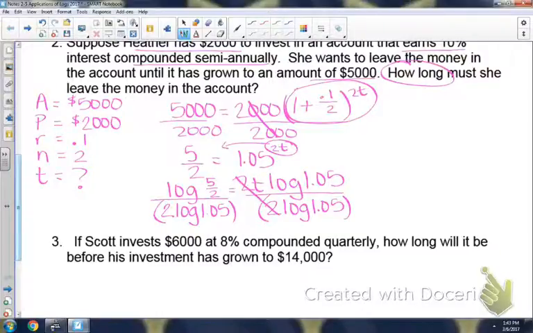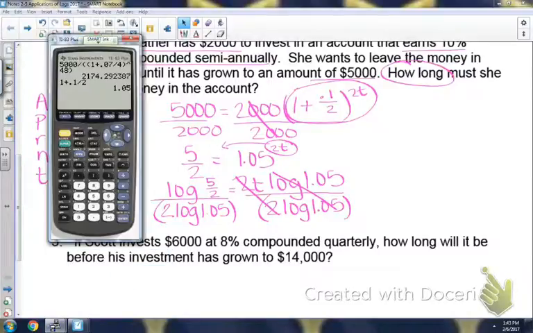So that cancels and that cancels. Okay, so we have log of 5 divided by 2, divided by, open parentheses, 2 log of 1.05.